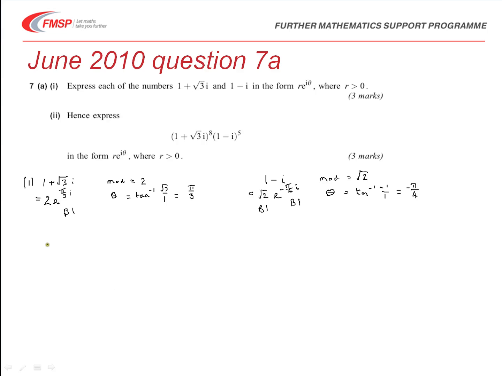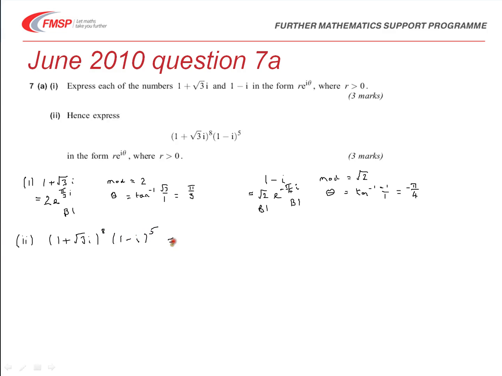Now, as for part 2 of this question, we have to work out 1 plus root 3i to the power of 8, and then 1 minus i to the power of 5.